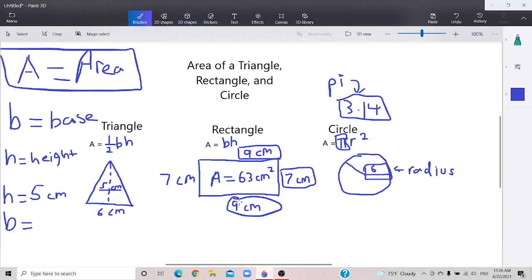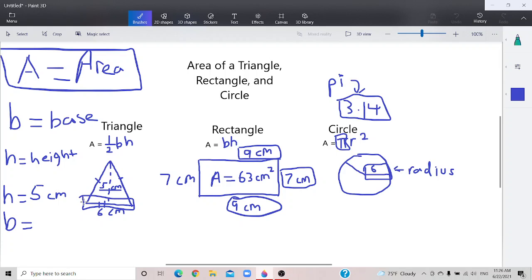The base, like we discussed in the rectangle, is usually the bottom side of the triangle. But one way to find out for a triangle, if you have an isosceles triangle like this, where 2 sides are equal and one side isn't the same, is that whichever side isn't equal to the other 2 sides is the base.